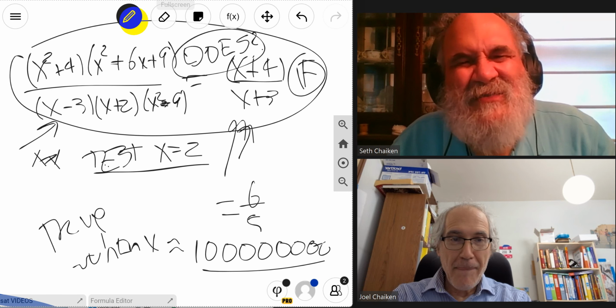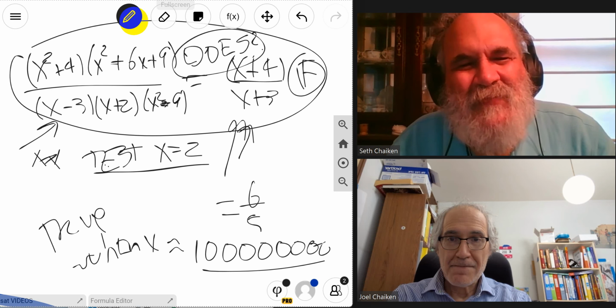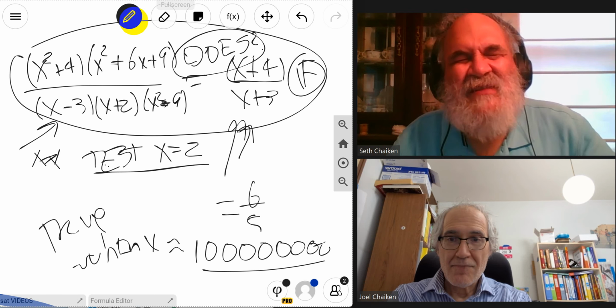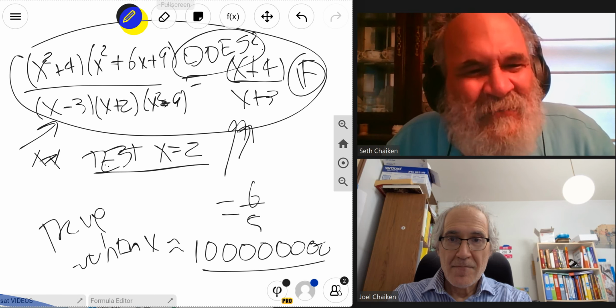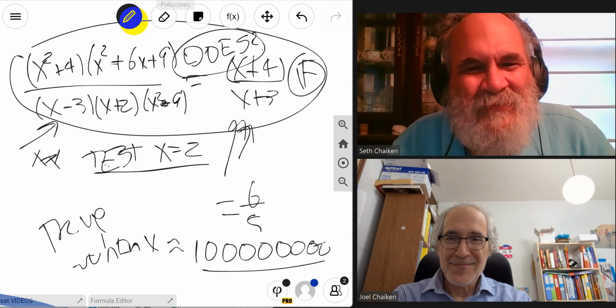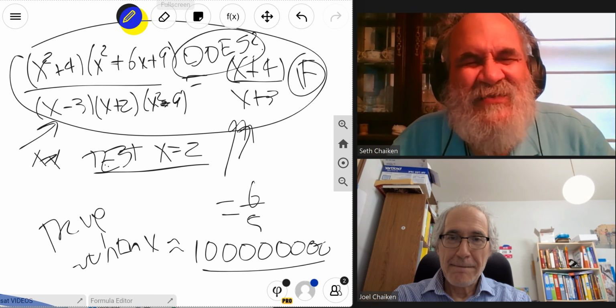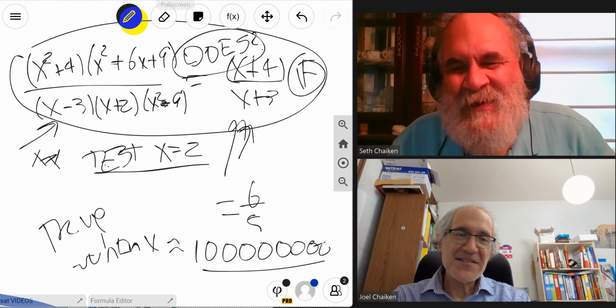Well, what happens is, this is a weird thing where the left-hand side, some people would say the left-hand side makes no sense when x equals 3. But the right-hand side does make sense when x equals 3, so it can't be right.